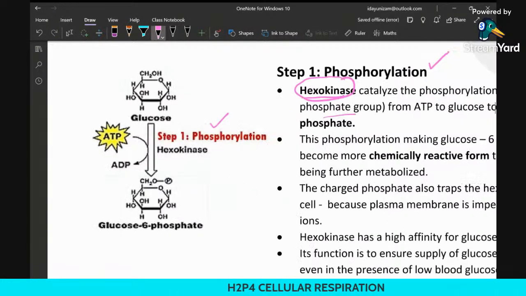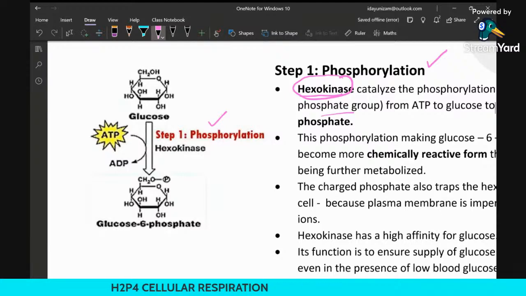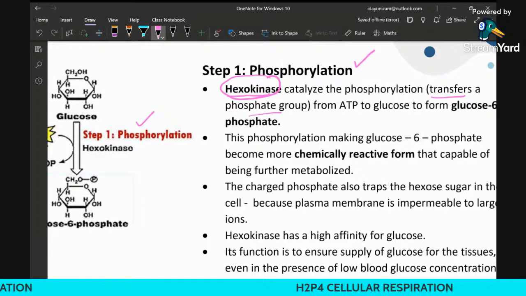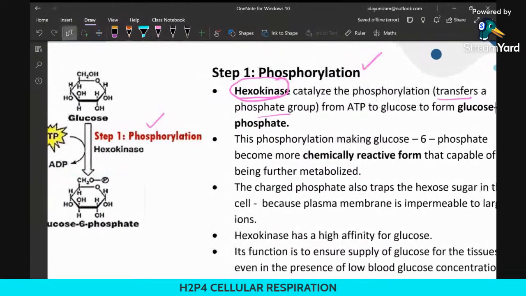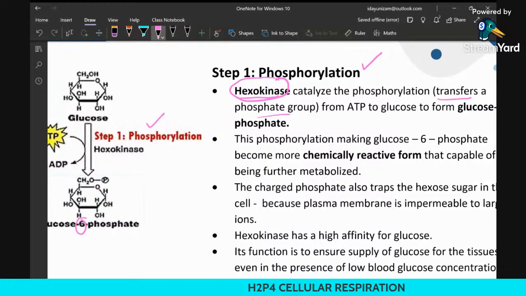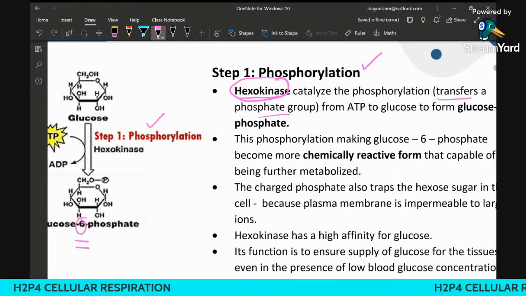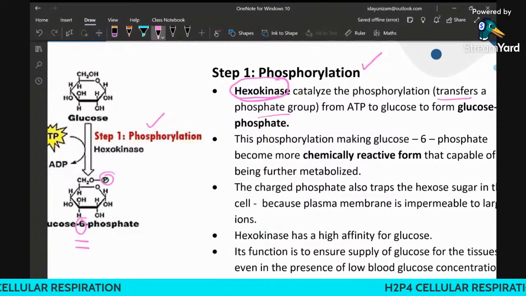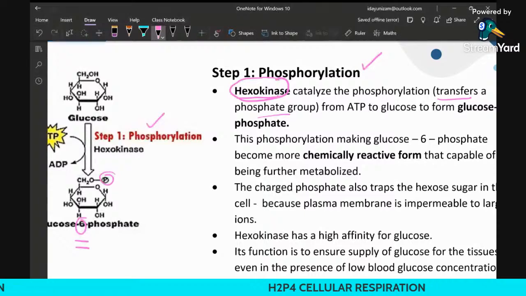So this phosphorylation process makes the glucose phosphorylated, meaning we give a phosphate group: we invest ATP, take one phosphate, and invest it to glucose, and it becomes glucose 6-phosphate. So 6 always shows the position of the phosphate, class. The phosphate takes the place of the H in CH2OH. So the name of the product after the phosphorylation step is glucose 6-phosphate.